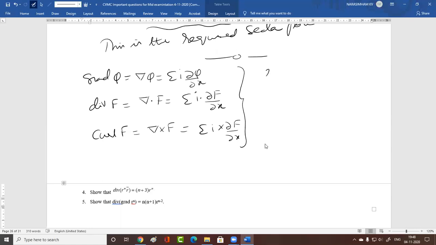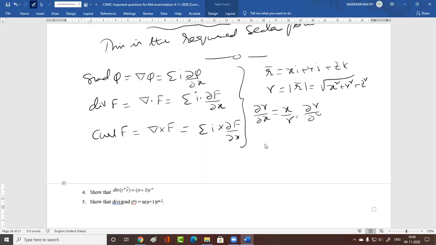Also we will use another important result. r bar equals xi plus yj plus zk. Small r equals modulus of r bar, which is square root of x square plus y square plus z square. So dou r by dou x equals x by r, dou r by dou y equals y by r, dou r by dou z equals z by r.